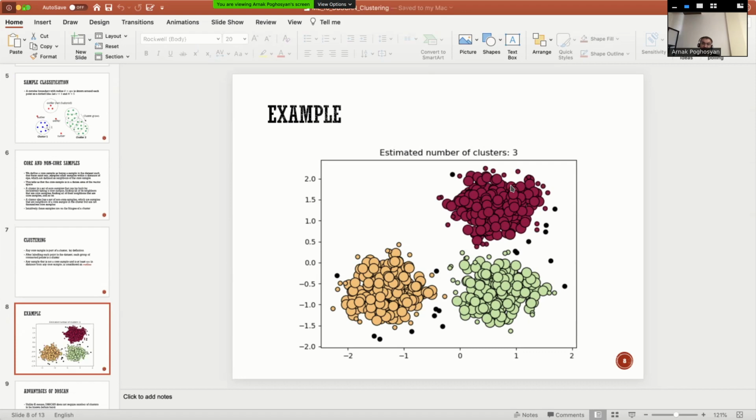And the points that you see, red, blue, I'm saying blue, this green and yellow or orange, decide which colors you want. You see dense regions, because this is density-based clustering. So 3 different clusters in 3 different dense regions. And then you have some black outliers in sparse regions.